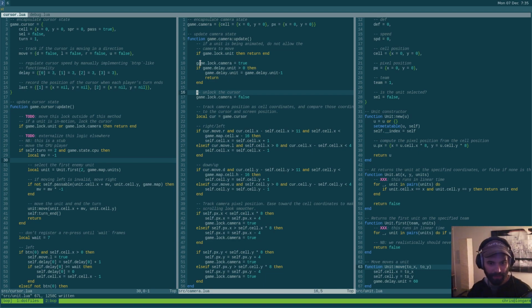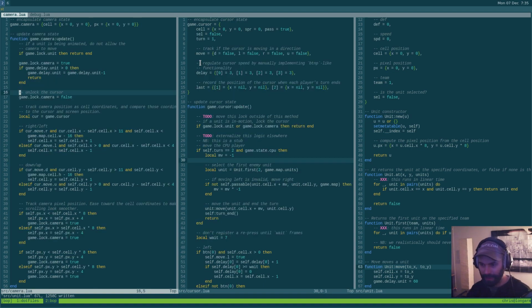So this is probably, again, in our increasingly bloated cursor table.